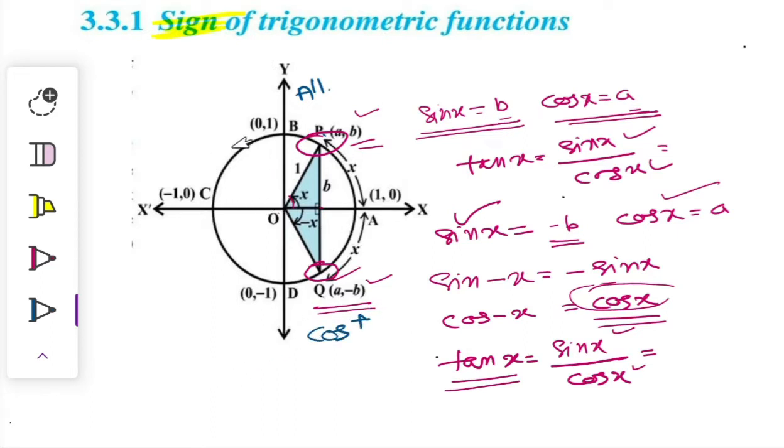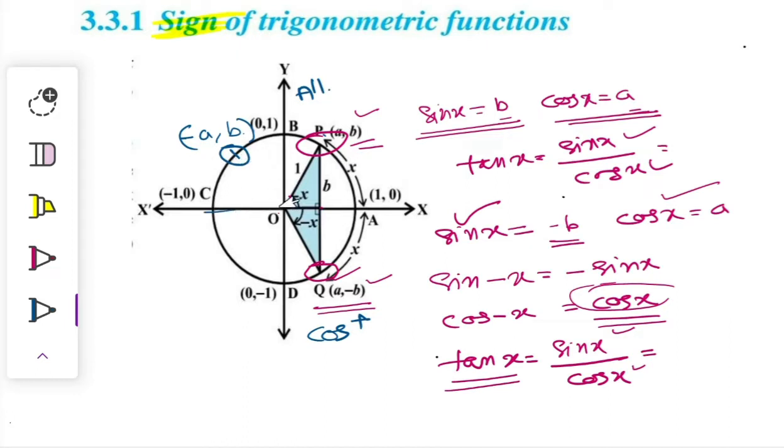Similarly, we can see in the second quadrant, the point has coordinates minus a and plus b. The coordinate of this point is (-a, b) because in the second quadrant the x-axis is negative.